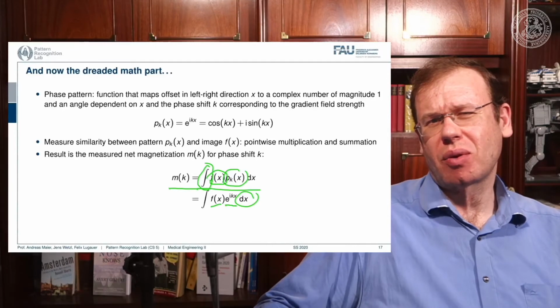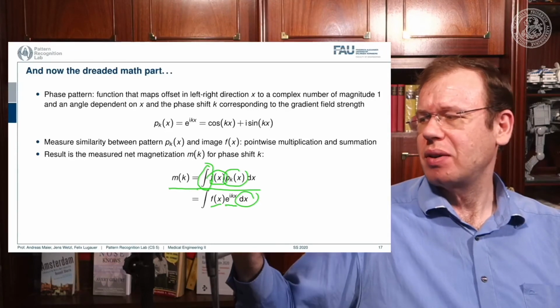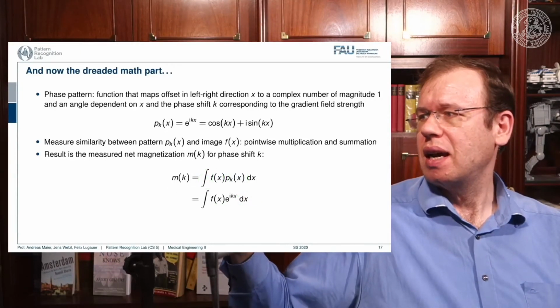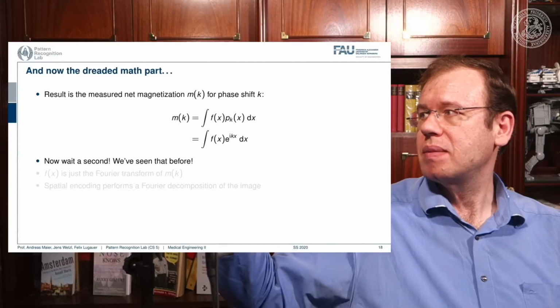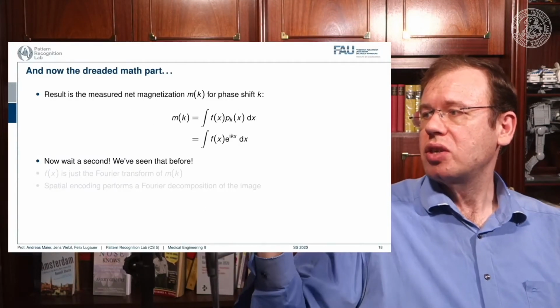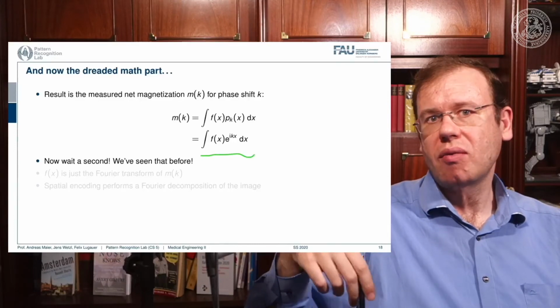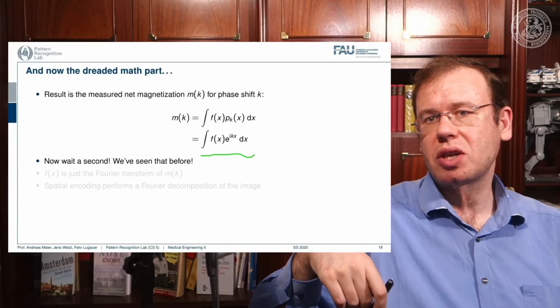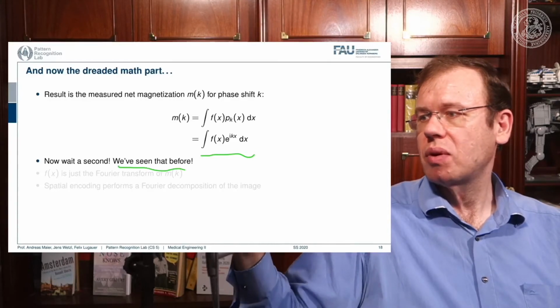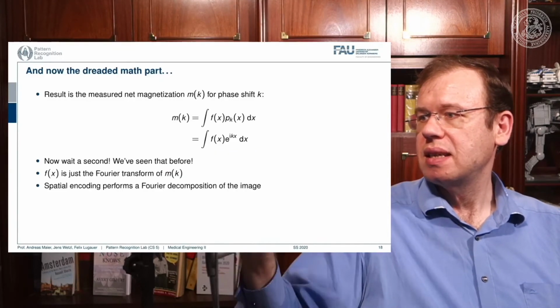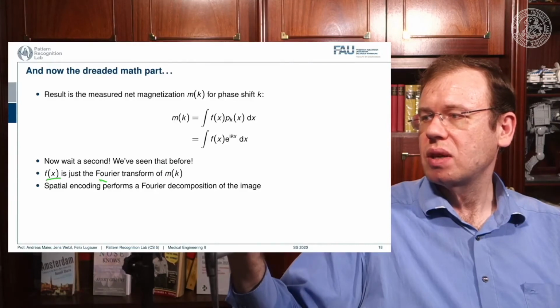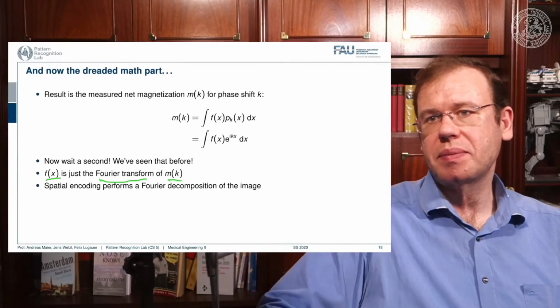We've seen this guy before, right? Striking similarity. And, well, yes. What we measured here is exactly this integral of a sine wave with the actual function that we seek to measure. We've seen this before. F of x is just the Fourier transform of mk.